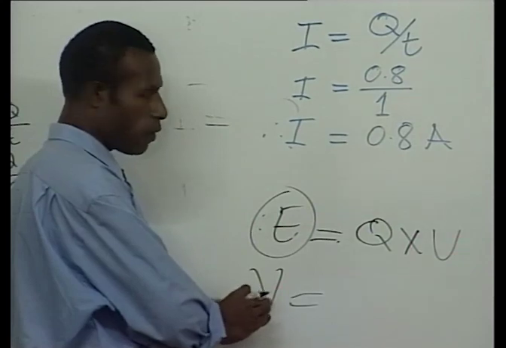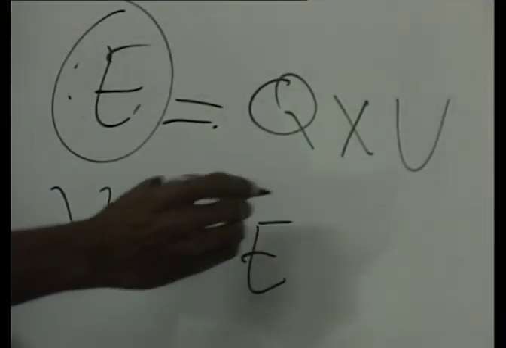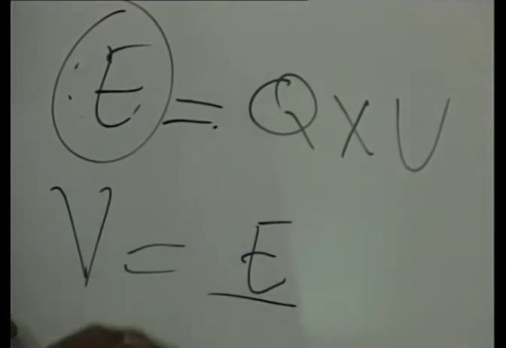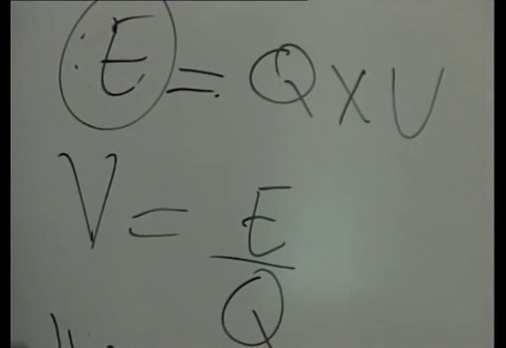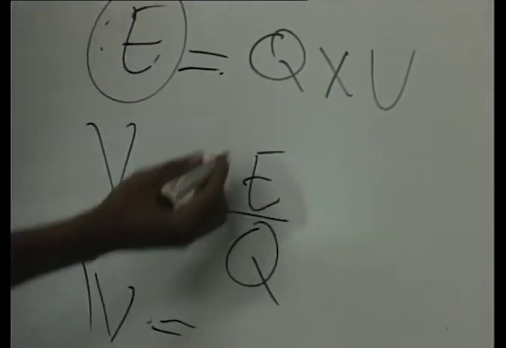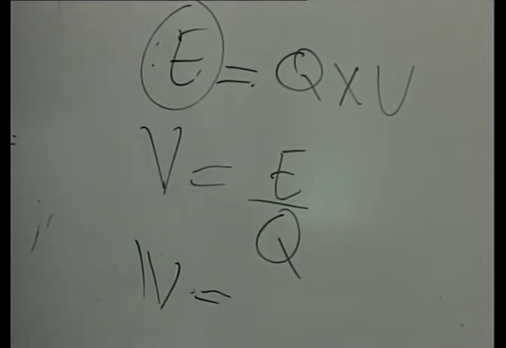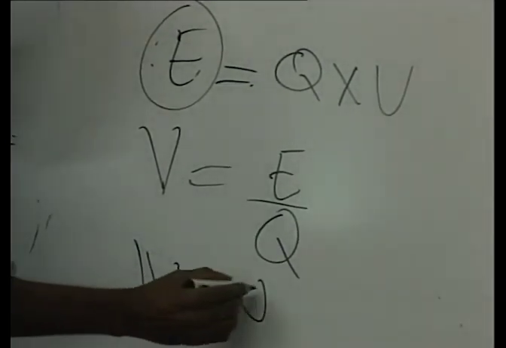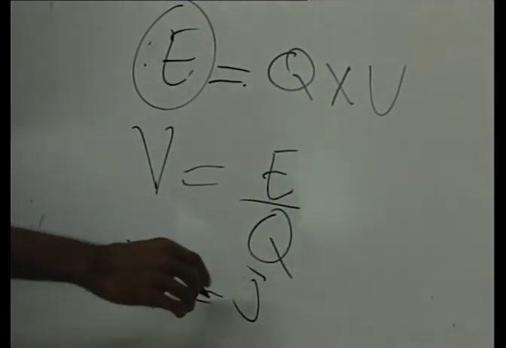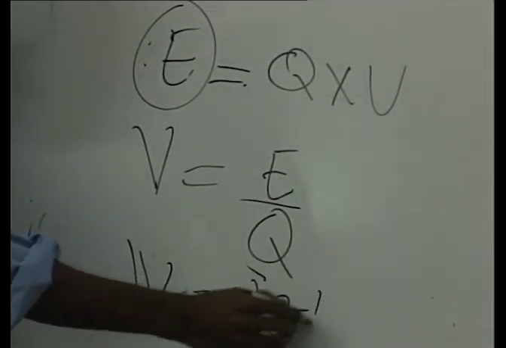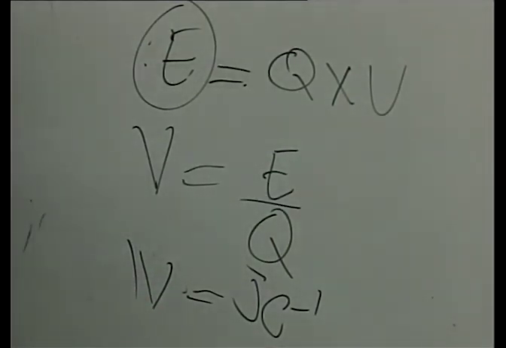So in here you have V equals E over Q. And if you have to change that, it will be 1 V equals to, what is the unit for this energy? Right, joules, very good. So you'll have joules, this one will be coulombs to the power of -1 or something like that. So that is what we'll be going through in our next lesson.